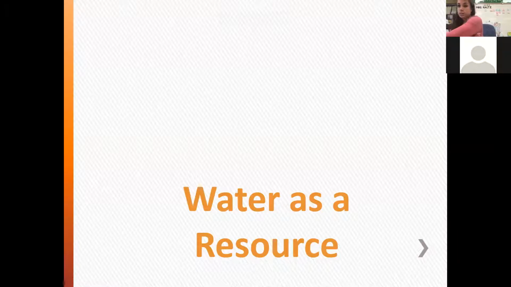you see a chart, and on that chart is a blank for the natural resource. Where this resource is found is around and throughout Michigan. And then how is it used? Now this resource is used for shipping, recreation, that means having fun with it, drinking, fishing, and generating power.